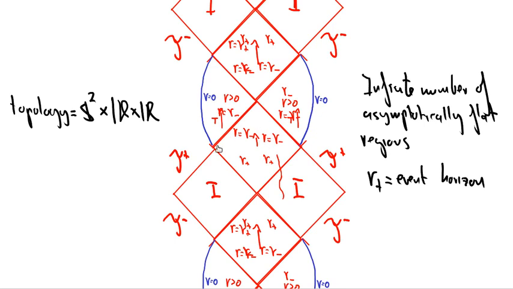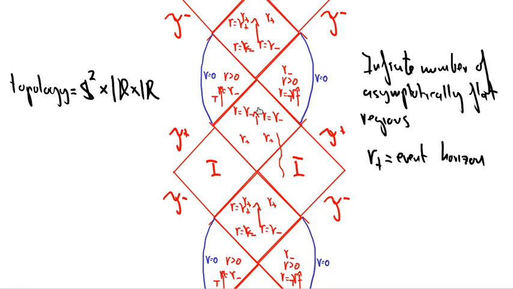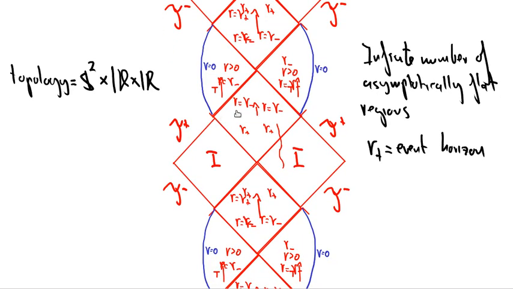In fact, there is another horizon here, which separates this intermediate region from the region in which the singularity is present. This horizon is the region r equal to r minus, and the name of this horizon is the Cauchy horizon.